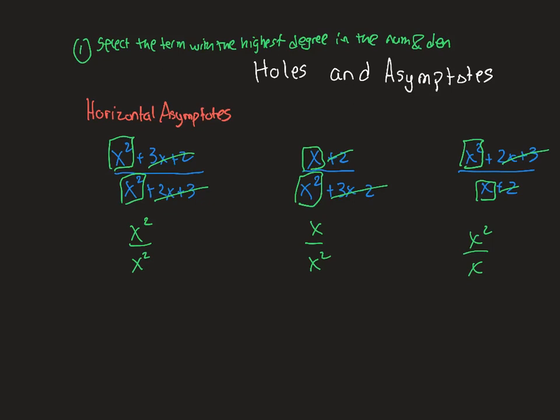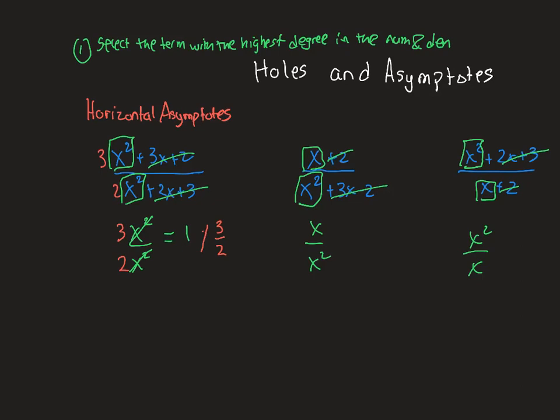Now, when we do this, you're going to notice that I have an x squared divided by an x squared. Well, x squared divided by x squared, that's just 1. Now, to put this in a little bit of perspective, let's say I put a 3 there and a 2 there. So let's say it was 3x squared and 2x squared. Well, the x squareds are still going to cancel out, but in this case it would give me 3 over 2.